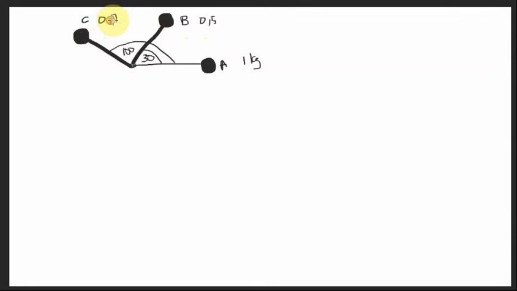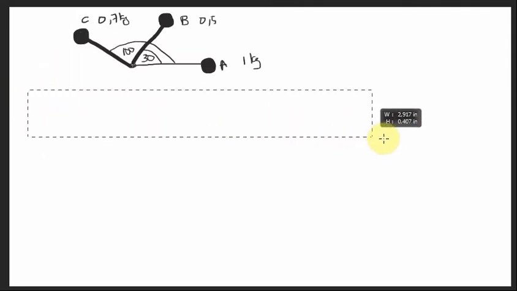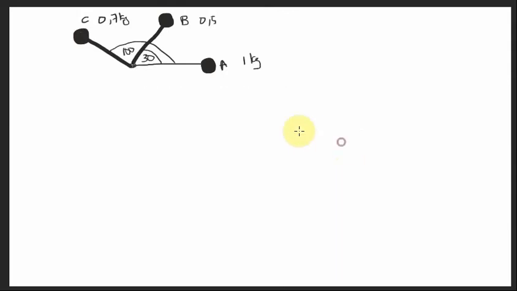1 kg, 0.5 kg, and 0.7 kg. So yes, we have this system. The best way to deal with these questions is to do a table. This table will help us visualize and see things clearly.